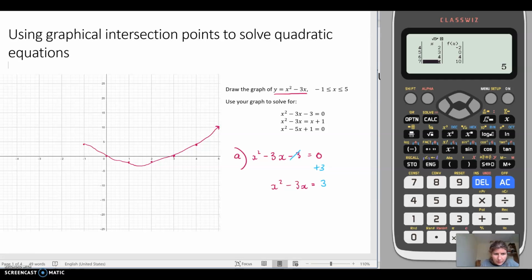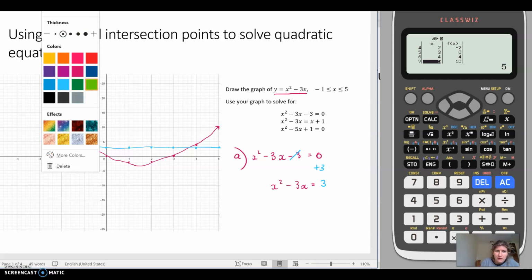So now I can mark in all of my points at 3: -1, 3, 0, 3, 1, 3, 2, 3, 3, 3, 4, 3, and 5, 3. Then I'm going to join up those straight lines, and then I can find my points of intersection.